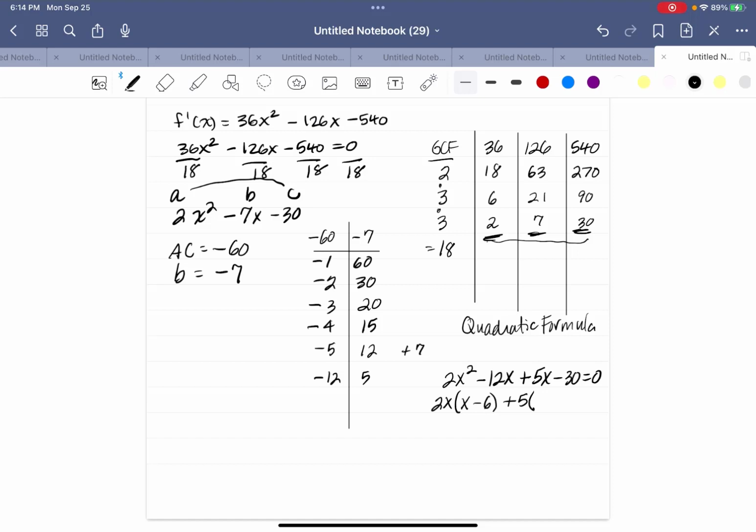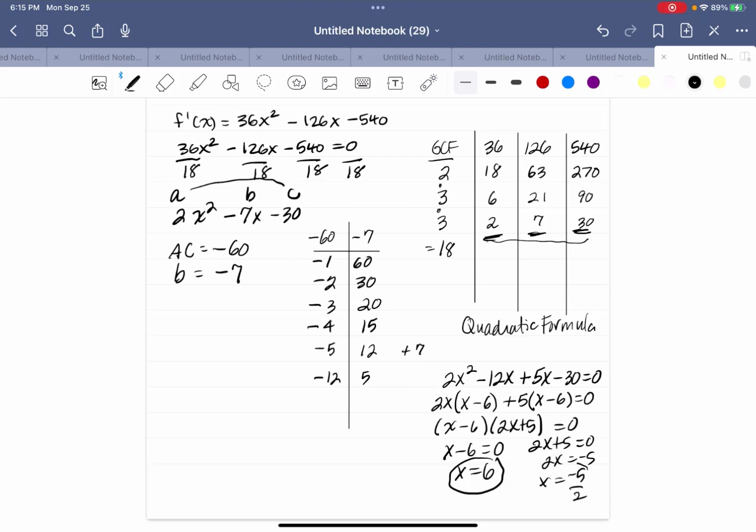So that's a 2x times x minus 6 for the first pair, and a 5 times x minus 6 for the second pair, which gives me factors of x minus 6 and 2x plus 5. Set equal to 0. The first one gives me a critical number of 6. The second one, 2x plus 5 equal to 0, gives me a critical number of negative 5 over 2.